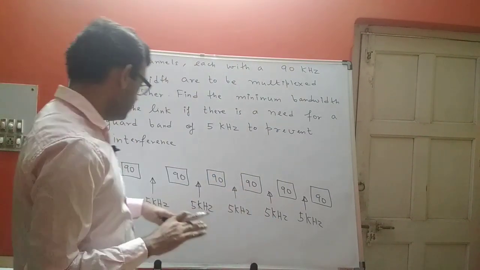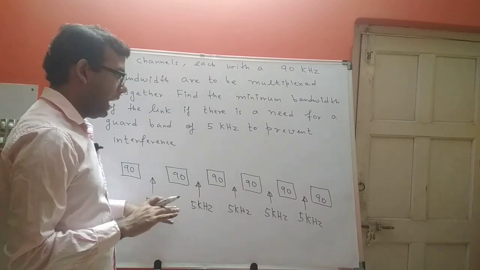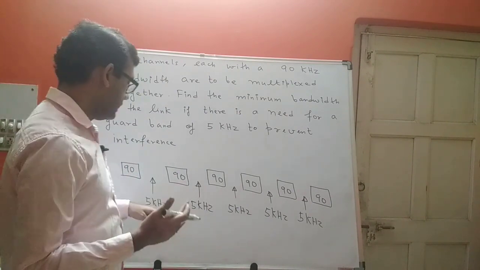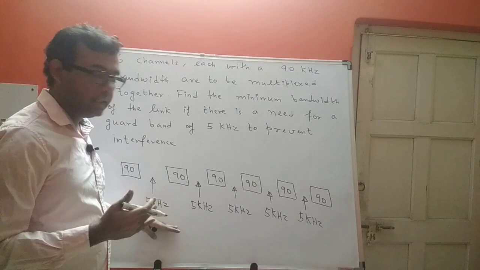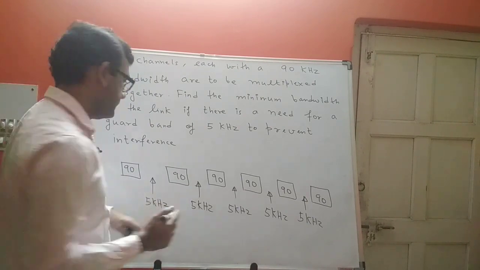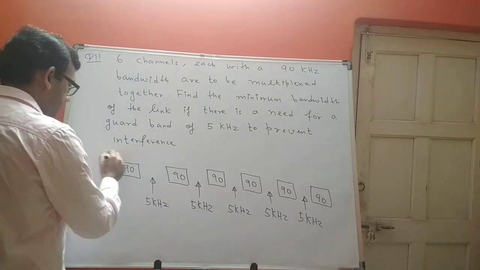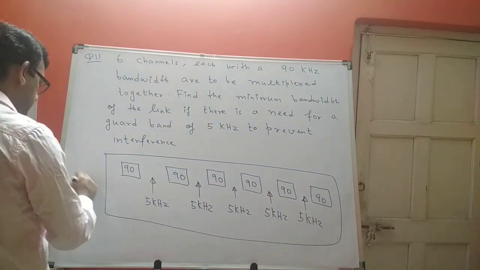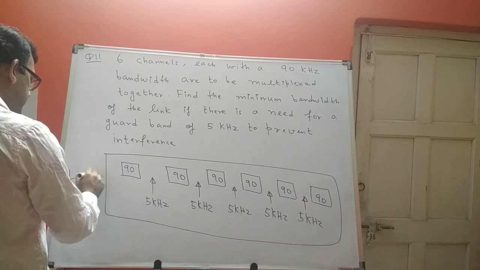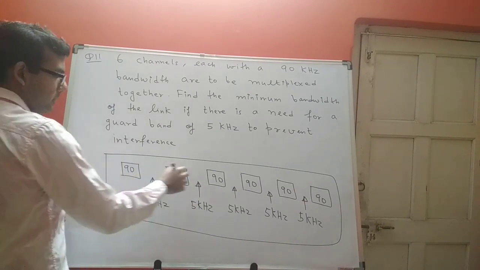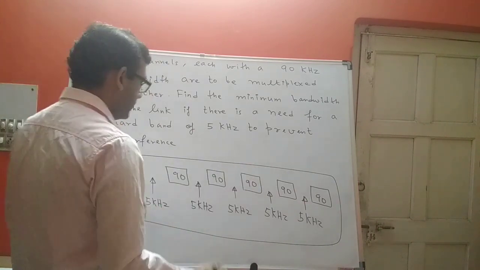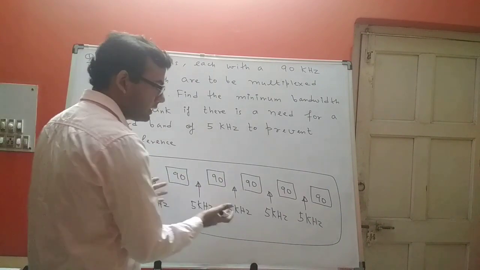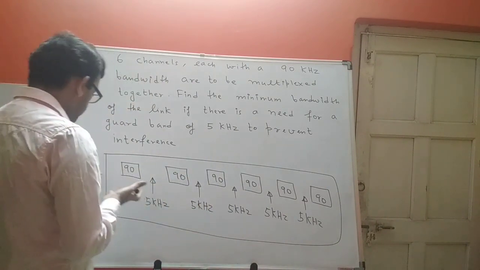See, in order to make this configuration possible, I need a link which has the capacity to accommodate the final value. This is actually enclosed inside one large transmission medium. So this outer box that you see is the link. This link has been divided into so many channels. Now, in order to accommodate this facility, what should be the bandwidth of the link?